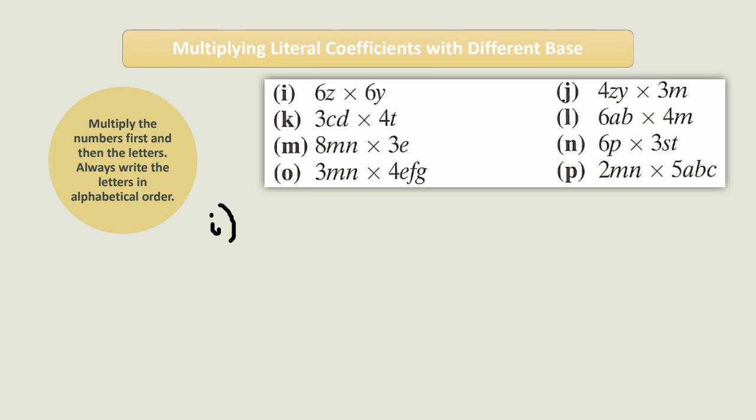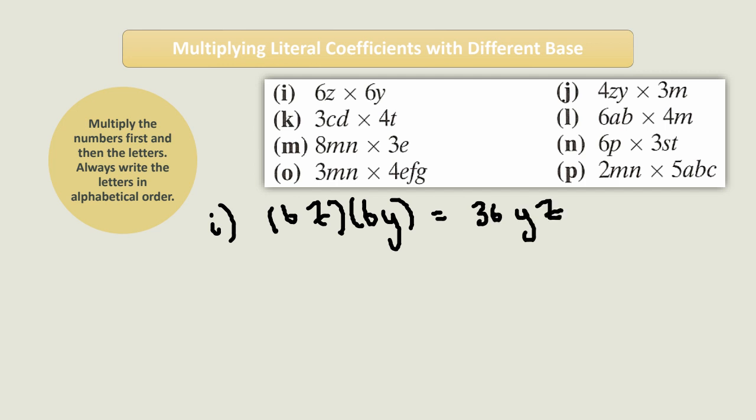So it would usually look like 6Z bracket 6Y. In any case, what we do first is multiply the coefficients, or the numbers in front. So 6 times 6 gives me 36. We have Z times Y. If I want alphabetical order, the Y comes before the Z. But if you gave me 36ZY, that would have been fine too.